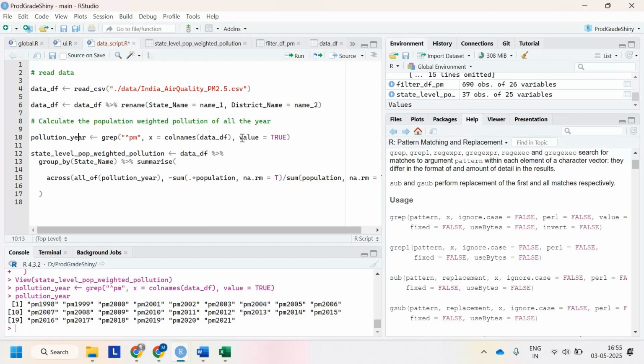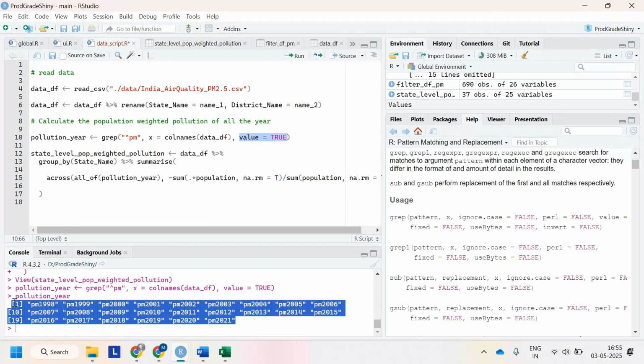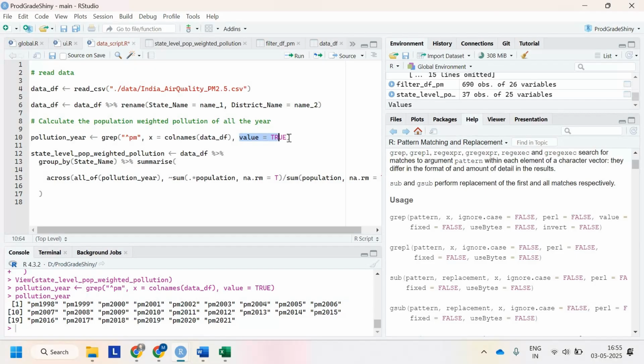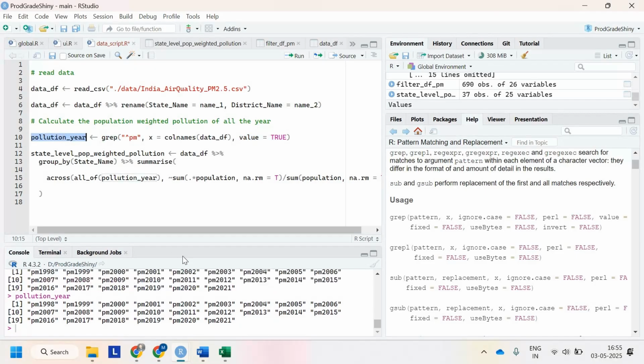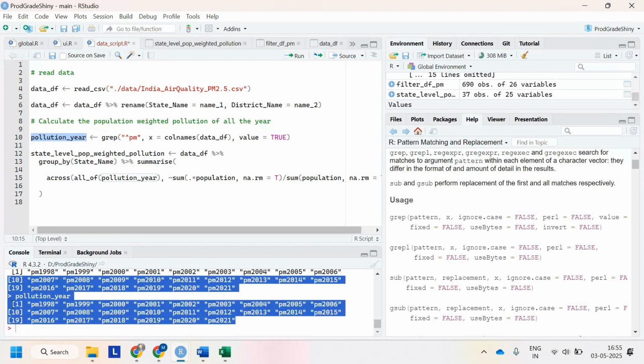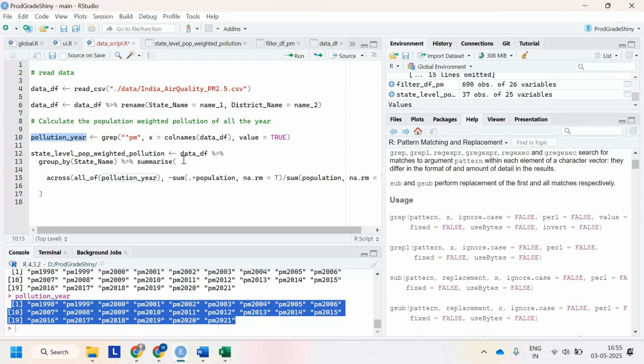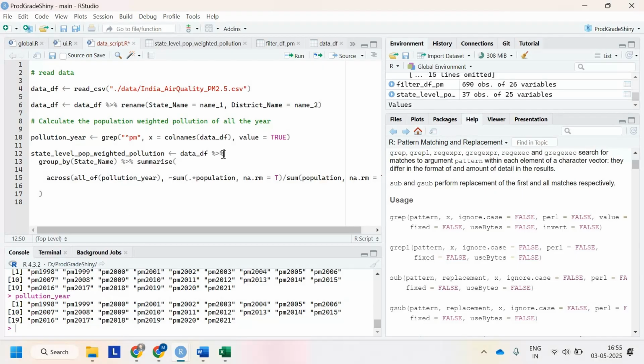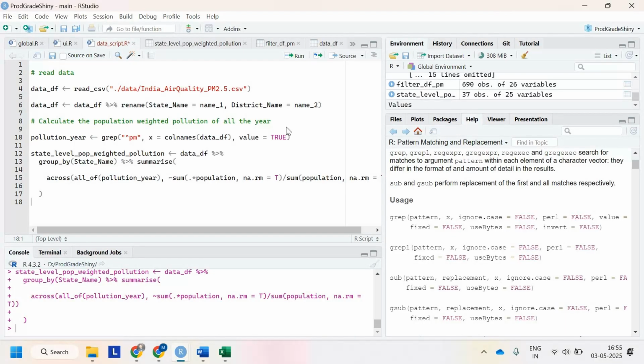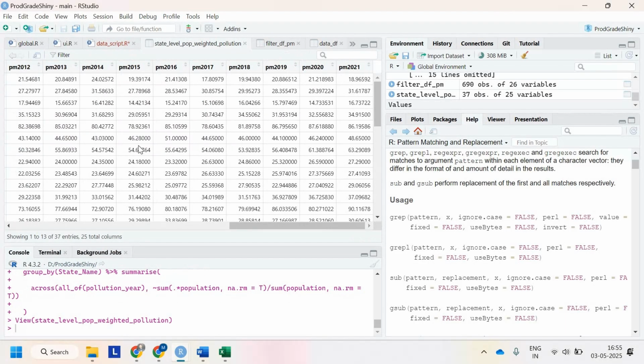If you keep values equal to true, you will get the exact column names instead of an index value, because that sometimes becomes confusing when extracting the column name using the index value. So I think it's better to use values equal to true within the grepl function, so that you can get all the values with their actual names. So this is all the data that we want. Again, I'm going to run this code again. So yeah, now it's coming perfectly.